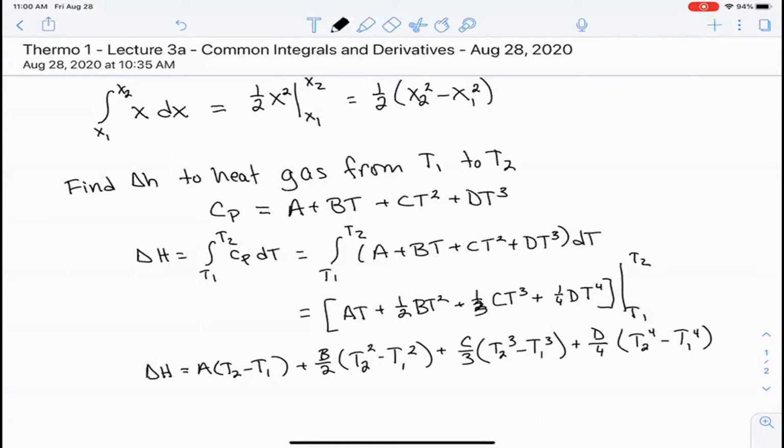And that's a very simple but common application of just taking the integral of a polynomial.